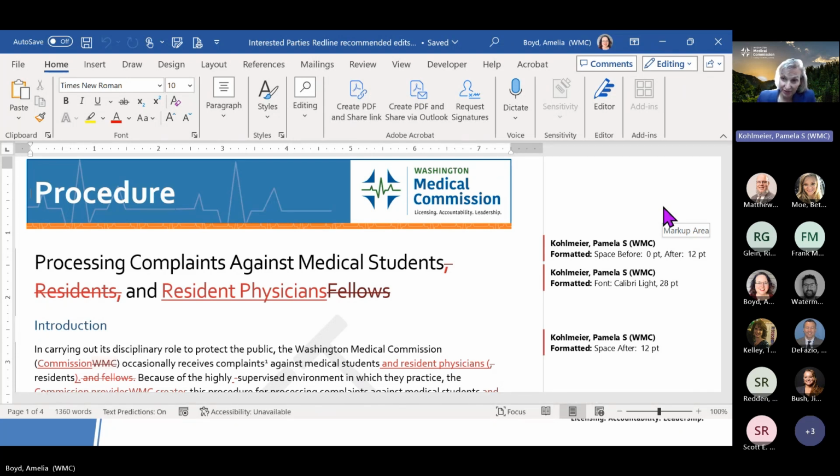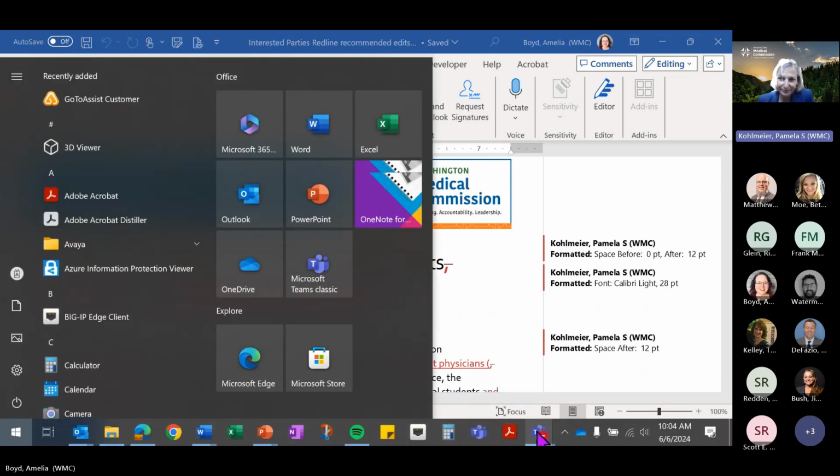They've done a residency, like they've completed at least 3 years of postgraduate training, and now they're in their fellowship. And so to treat them with kid gloves might not be in the best interest of the public. Anyway, that's up for discussion too. But would anyone like to add something or ask questions or make comments? Now is a great time to do so.